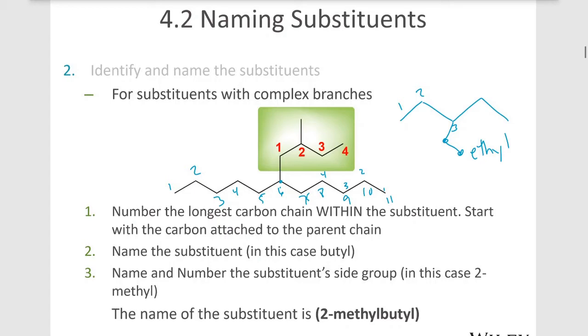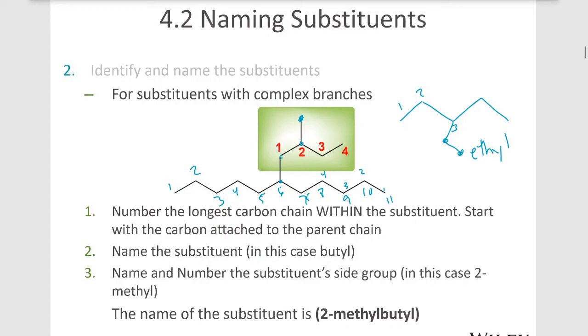Okay, so that makes our longest carbon chain follow the blue path. So the carbon chain that's numbered along the red path, this is actually a substituent. So it's a complex substituent because it has this methyl group hanging off of the 4-carbon chain.